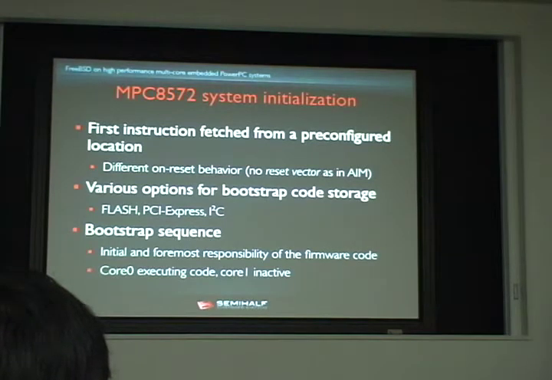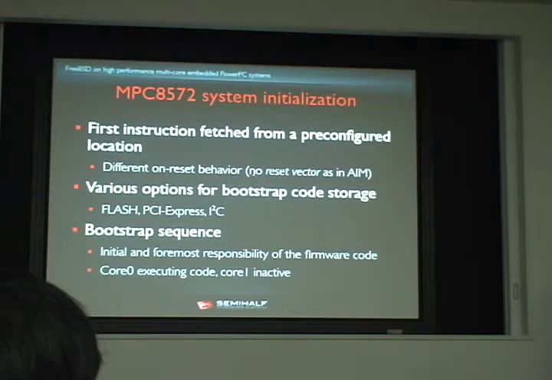How is such a dual core system initialized and booted? We first need to know how the first instructions upon reset and power on are executed. Similar to other systems and processors, the CPU would fetch the first instruction from some pre-configured and pre-known location.